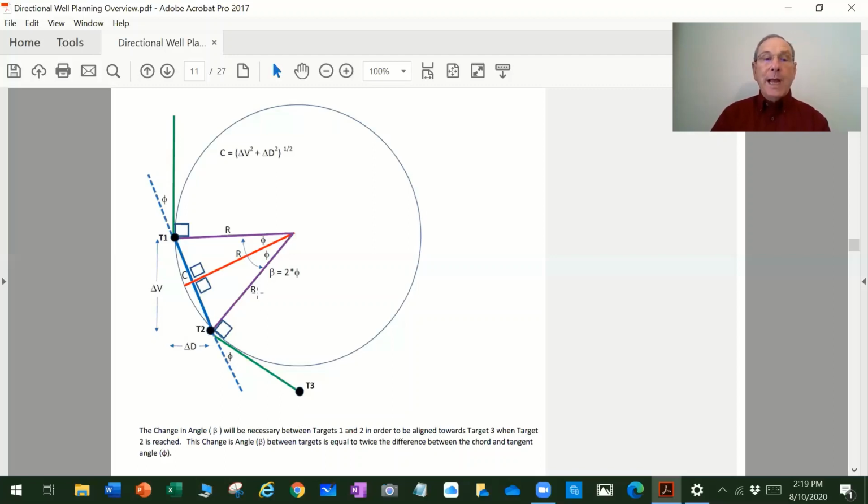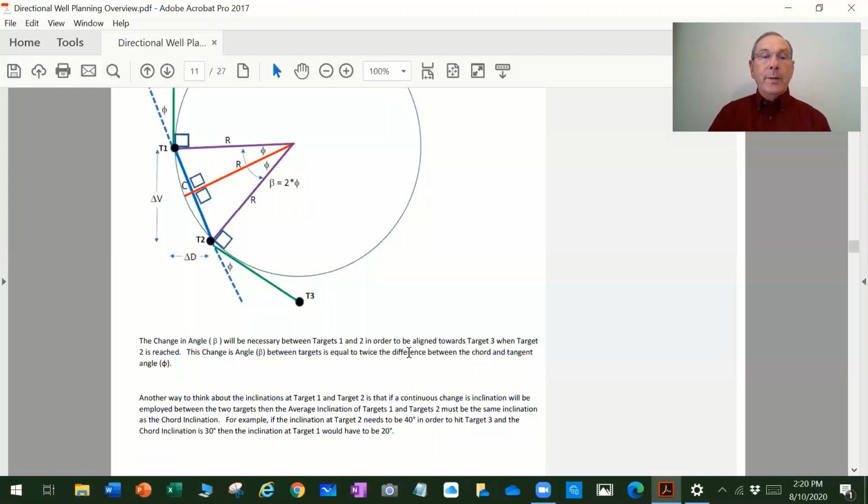So for this example, 40 degrees minus 2 times 10, which is 20 degrees, we would need to hit target number 1 at a 20-degree inclination, and then we would have a 20-degree increase between target number 1 and target number 2. We would go right through target number 2, have 40 degrees, and be lined up to go down through target number 3.